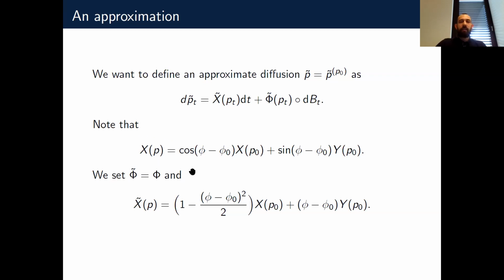This is my x_p. When you take a small variation of angle, you're going to have a small variation in the direction of x. That's going to be of size phi squared in this direction. So this is the actual vector field around p0. When I take the Taylor expansion, I'm just going to expand this to second order, and this one at first order.